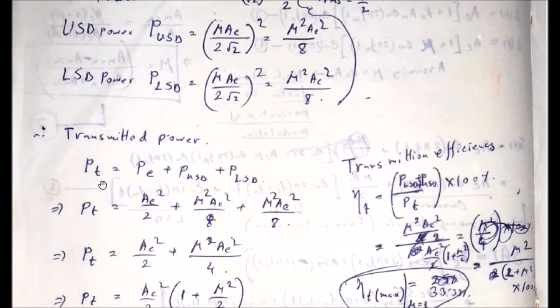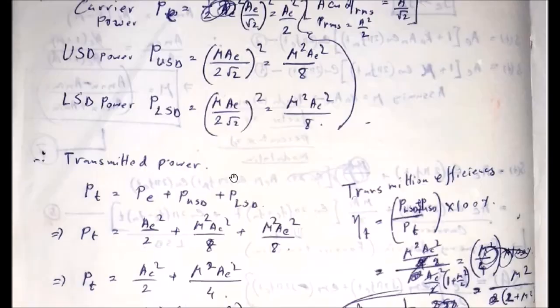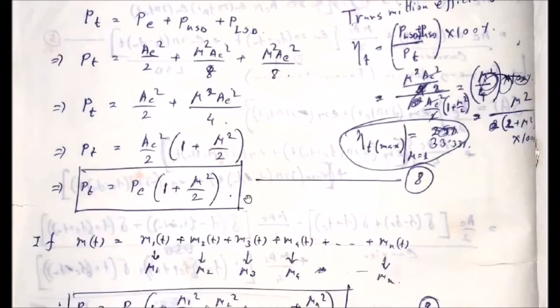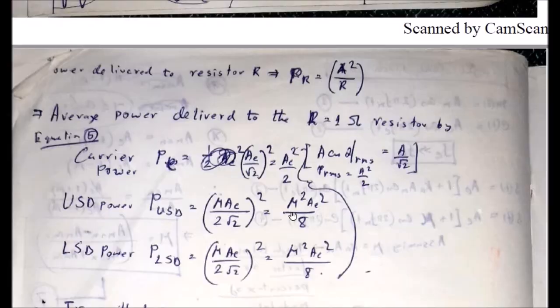Now what will be the total transmitted power? Because you know that the modulated waveform will be transmitted, and transmitted power will be the power of the carrier waveform, the power of the upper sideband, as well as the power of the lower sideband. All of them should be summed up in order to obtain the total transmitted power. So if you put these values, A_C square by 2, mu square A_C square by 8 plus mu square A_C square by 8 for all these three terms, then after doing the simplification, you will obtain the power transmitted should be equal to P_C. P_C is the carrier power, that means this one, A_C square by 2.